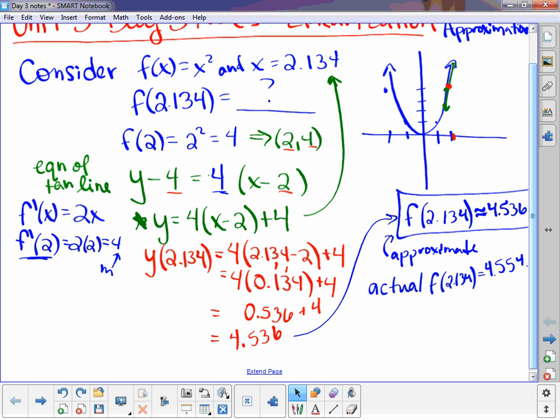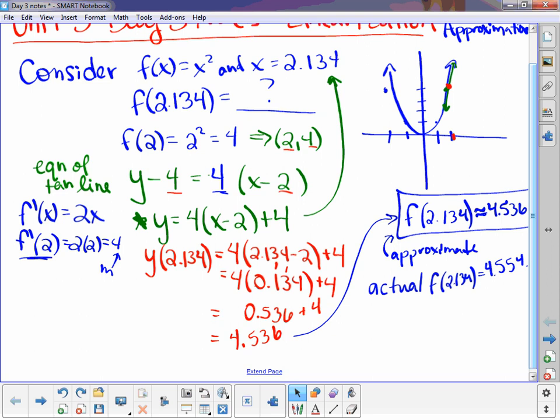But even with it being decently close, we still got our answer to be pretty close as well. Alright, so this is the idea of what we're going to be doing. This is the idea of what linear approximation is. Linear approximation says, hey, I don't know the actual height here, but I can use a tangent line of a point very close to it to get a pretty close estimate of what it's going to be.